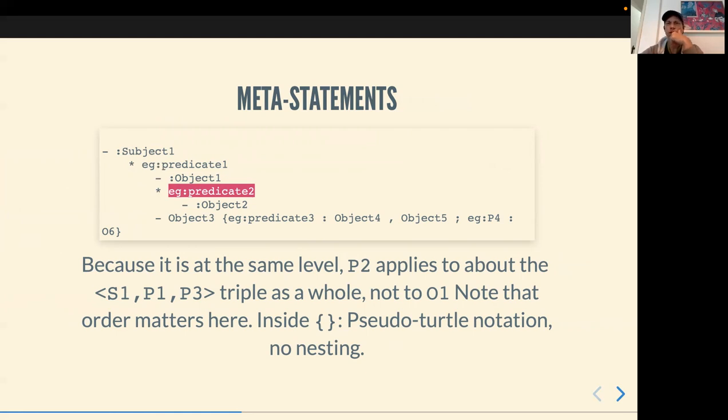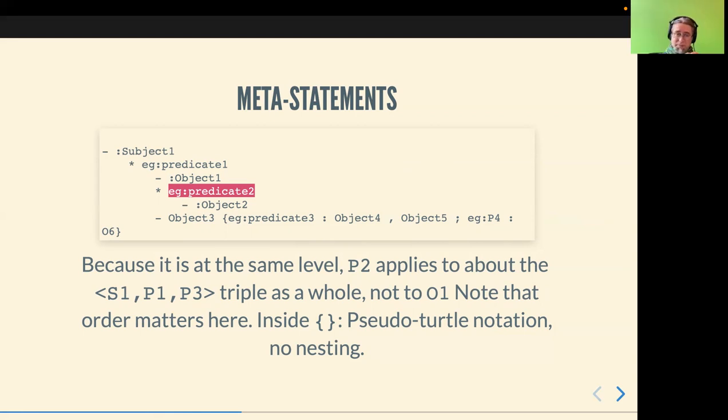Is this object 3 in this case part of predicate 2, or would it refer to predicate 1? It would be another triple: subject 1, predicate 1, object 3. But my understanding would be that essentially the subject, predicate, object 1 are the subject of predicate 2.